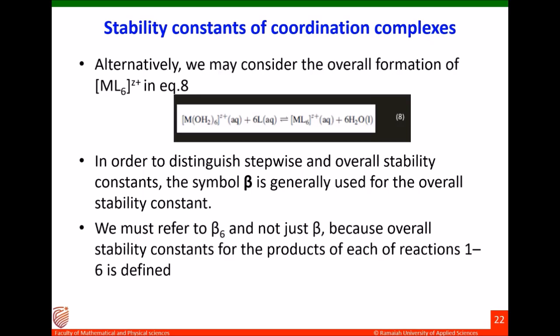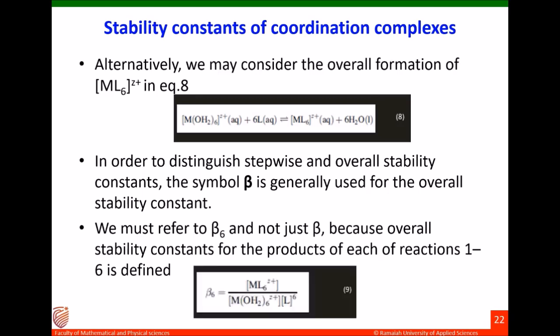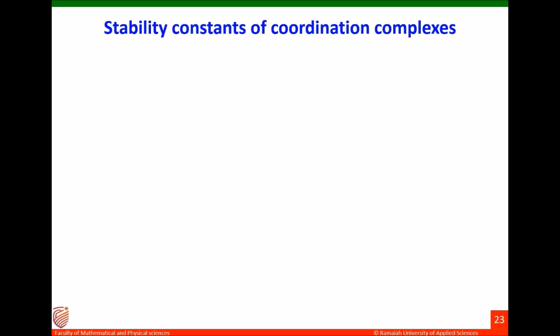We define beta 6 as the concentration of [ML6]^(z+) divided by the concentration of [M(OH2)6]^(z+) into the ligand concentration raised to 6.